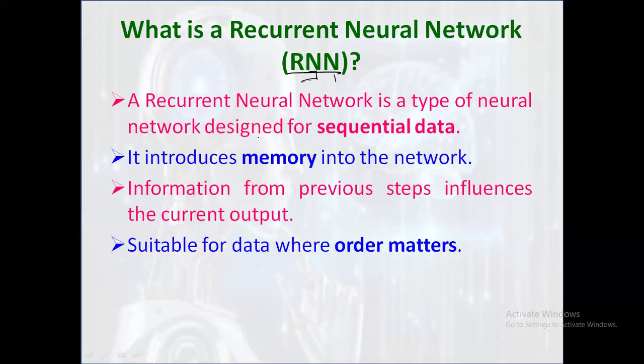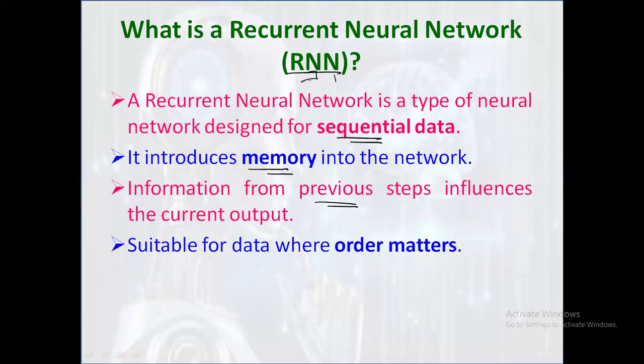RNN is designed for sequential data. RNN processes data step by step, maintaining the order of inputs. It introduces memory into networks, and RNN stores information from the previous steps using the internal memory.